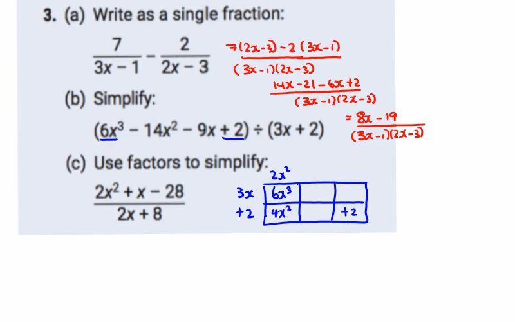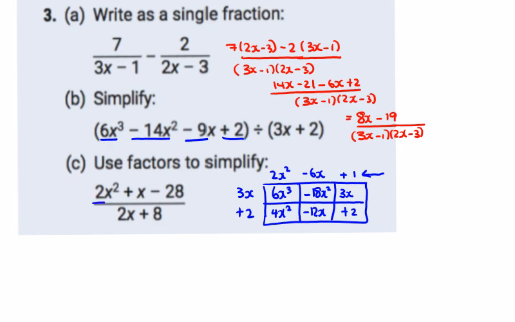We want minus 14x squared, so we need minus 18x squared in here. And then we have minus 6x to get minus 18x squared. Minus 12x, so minus 6x by plus 2. We want minus 9x, so I need 3x, and 3x by plus 1 will be 3x, and 1 by 2 is 2. So you can see we're correct here, and my answer is on top.